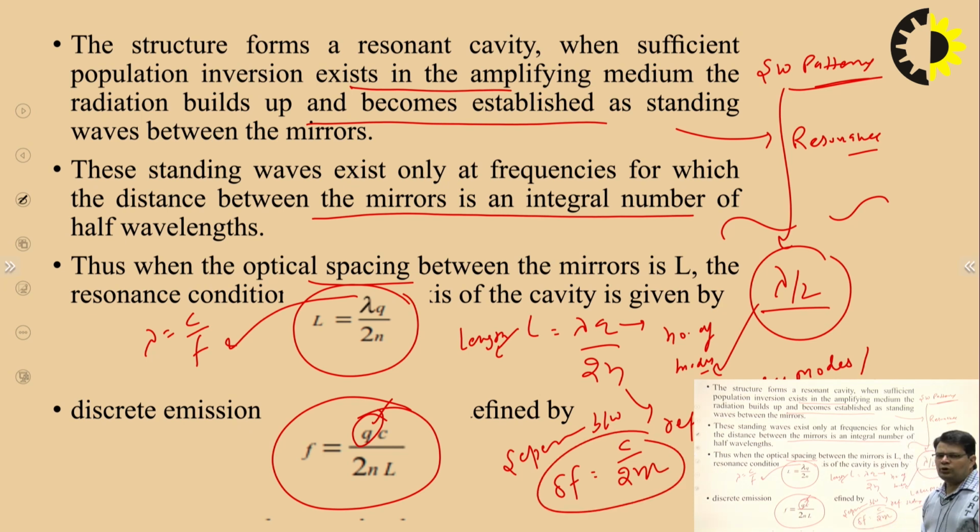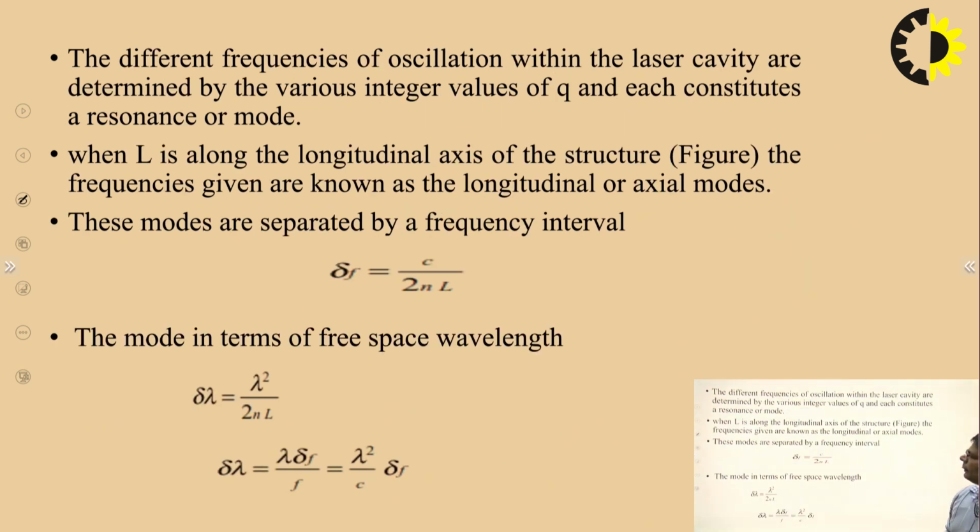So the modes, for example longitudinal modes in the laser, will be separated by a gap of C by 2NL. Separation between the modes is given by delta F equal to C by 2NL.